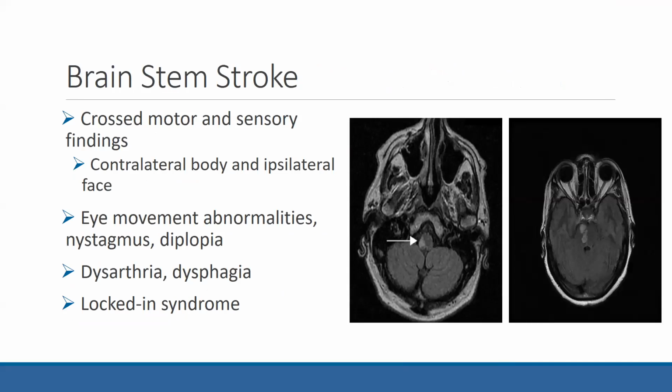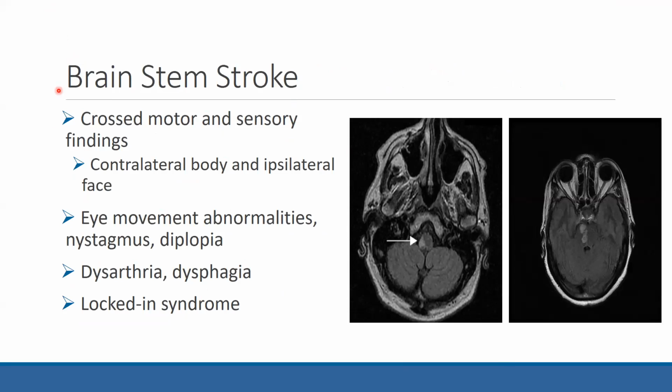All right, we can have strokes to our brainstem. Obviously, this is very problematic because your brainstem is required for you to stay alive and functioning correctly. So one interesting thing we would see as neuropsychologists with a brainstem stroke is crossed motor and sensory findings. So you get contralateral weakness and sensory loss of your body, but you get ipsilateral of your face.